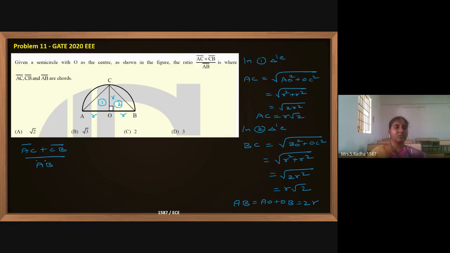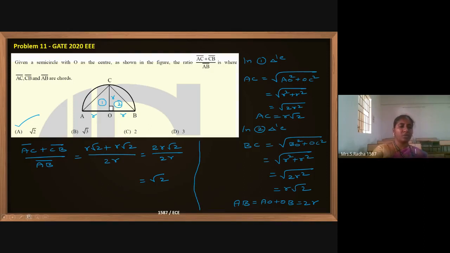AC bar we are getting as R into root 2, plus CB bar as R into root 2, divided by AB bar, which is 2 times R. The numerator is 2 times R into root 2, divided by 2R. The 2R gets cancelled, so root 2 is the ratio. That is the final answer.